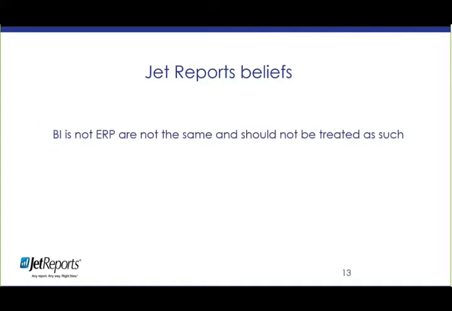Here's another one, and this one is an interesting one, and there's some confusion around this. BI is not ERP. They're not the same. They shouldn't be treated as such. I think one of the reasons, especially in the Dynamics world that we live in, why this comes up is because very often the same people who sold us our ERP system are the ones that we initially go to start talking about business intelligence.